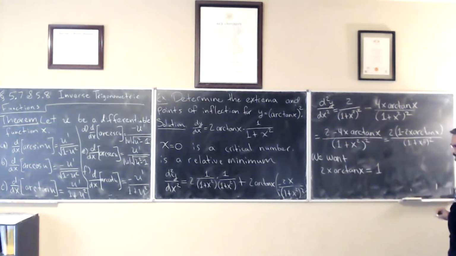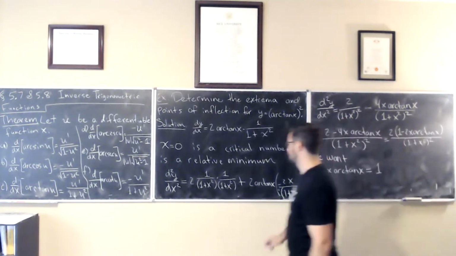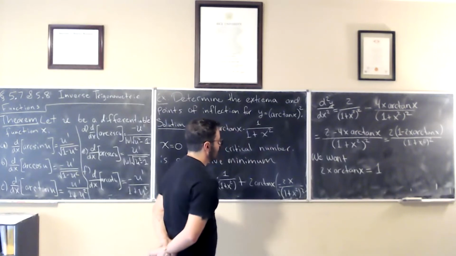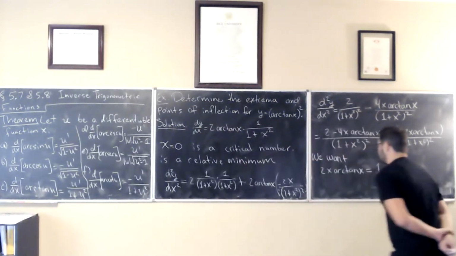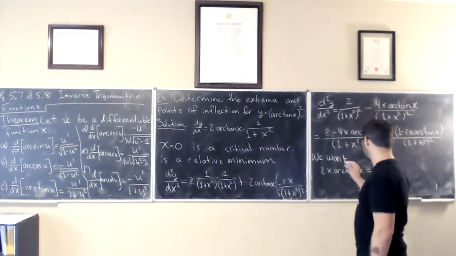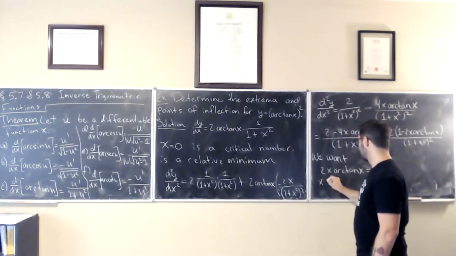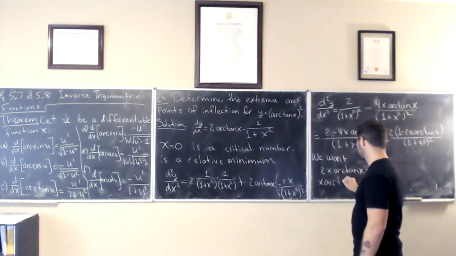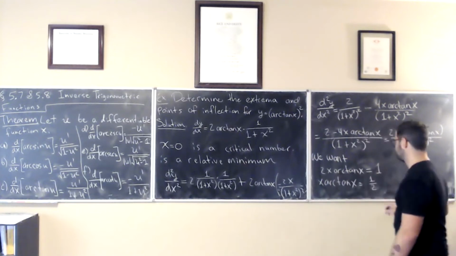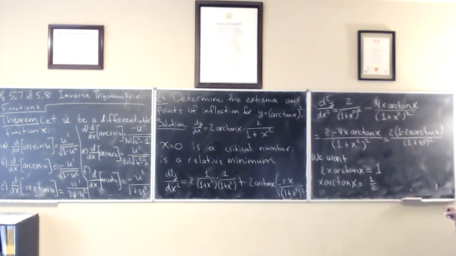Okay. So how can we determine this? Actually, let's see. For x arctan x equal to a half, what could that be?